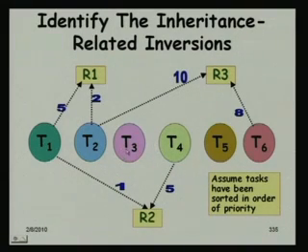So, T3 will undergo inheritance related inversion due to both T4 and T6. Similarly, we can find for T4. What is the T6? Yes, exactly. What about T5? Due to T6, yes. What about T6? No, it is the lowest priority task, it cannot undergo any inversion.